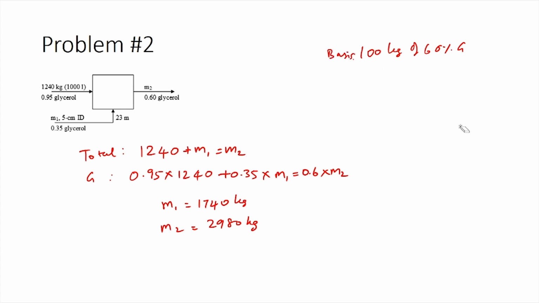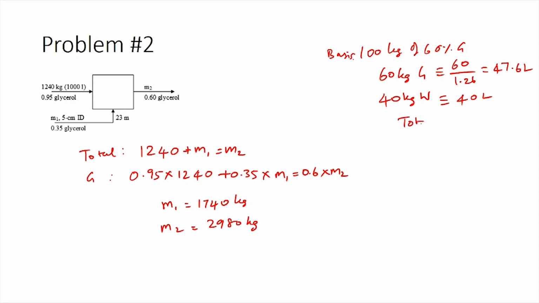The 100 kilograms of 60% glycerol would contain 60 kilograms of glycerol and it would also contain 40 kilograms of water. So, the volume occupied by 60 kilograms of glycerol would be 60 divided by density which is 1.26 and 40 kilograms of water would occupy a volume of 40 liters of water. So, the volume of 60 kilograms of glycerol would be equal to 60 divided by 1.26 which is 47.6 liters.